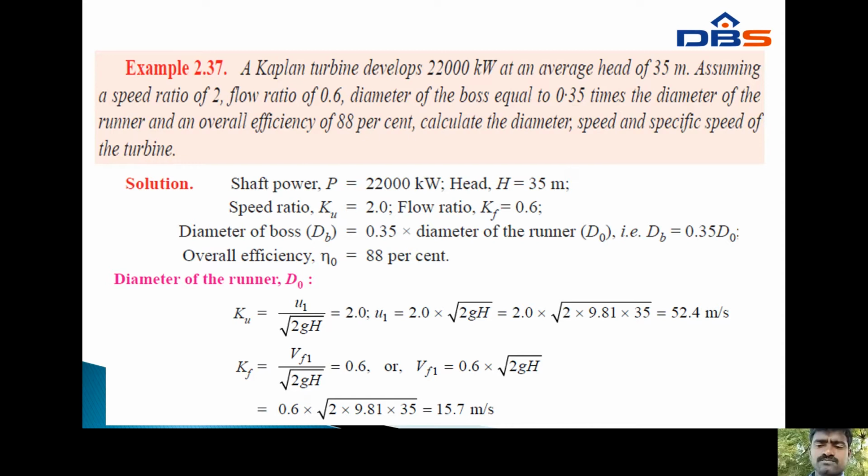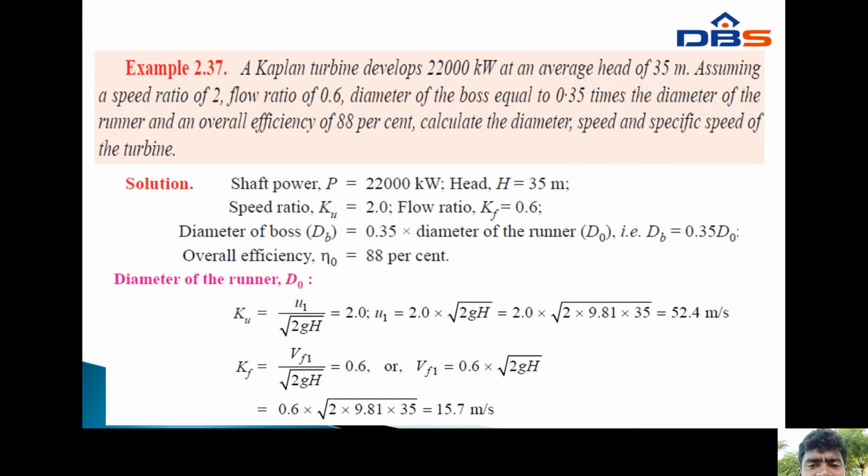Ku is already given in the problem as 2.0, so u1 equals 2.0 into root of 2 into 9.81 into head 35. Substituting these values, u1 is 52.4 meters per second.